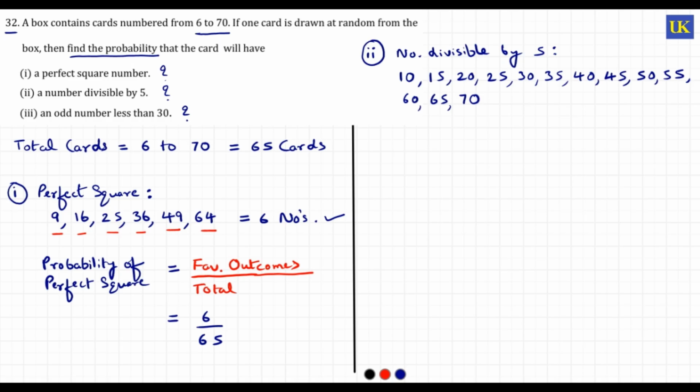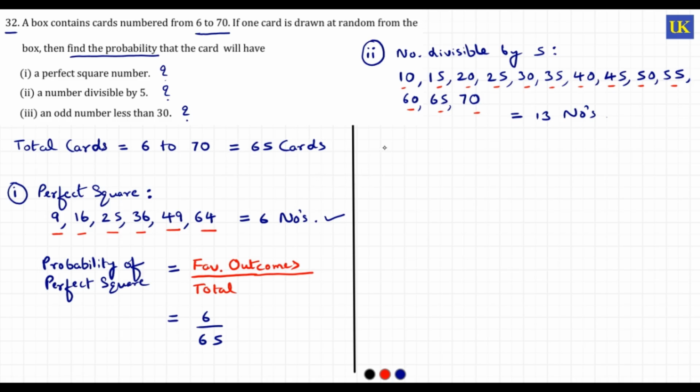So these are the numbers. How many such numbers do we have here? 1, 2, 3, 4, 5, 6, 7, 8, 9, 10, 11, 12, 13. So total 13 such numbers we have here.